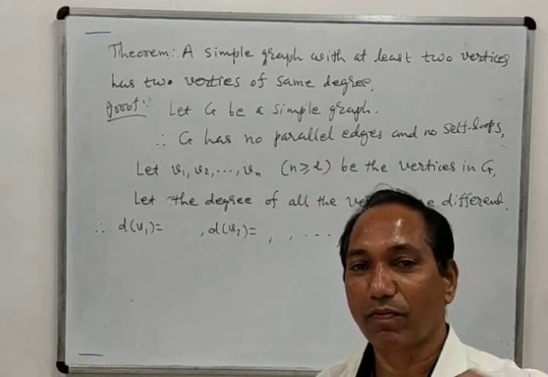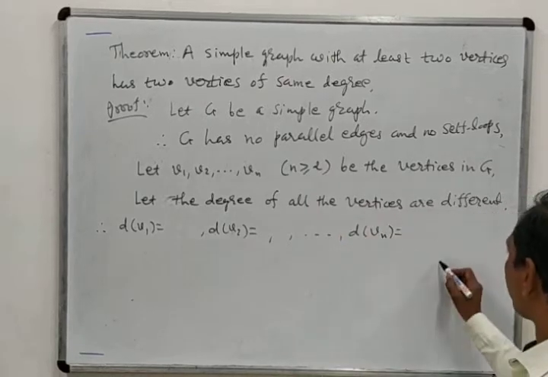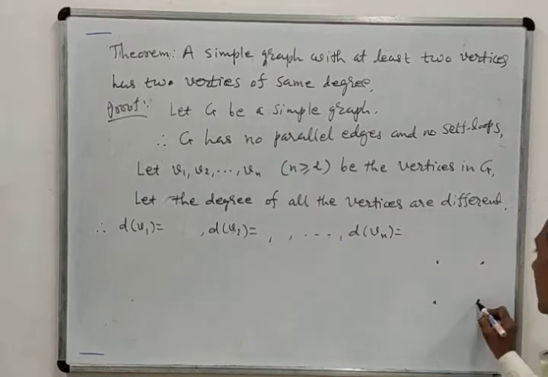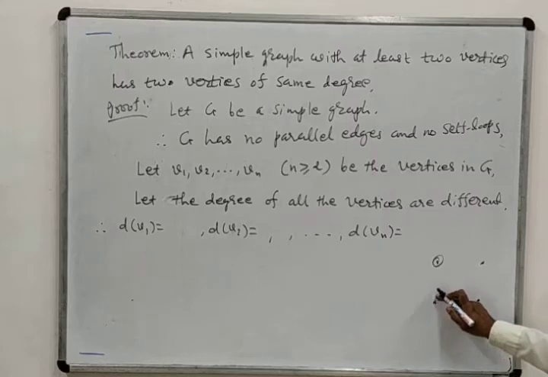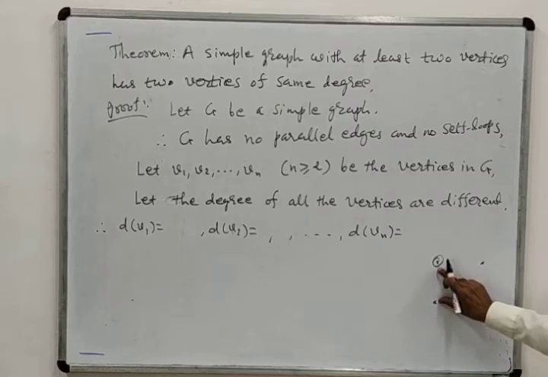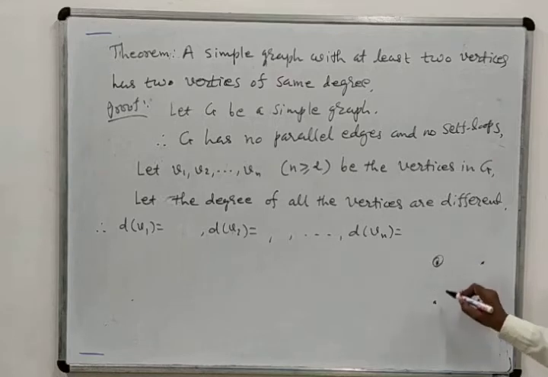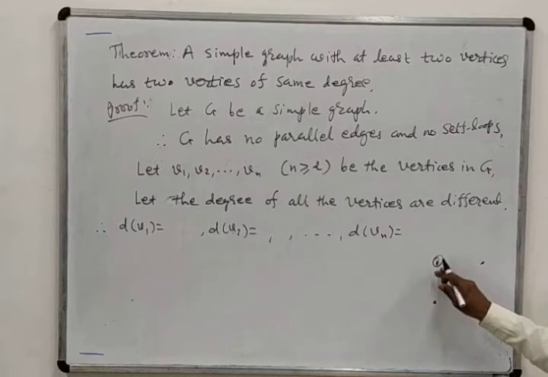If we fix one vertex, suppose there are 4 vertices. If we fix this vertex, then it is a simple graph. So between two vertices there is only a single edge. So this vertex can be joined by means of an edge maximum by 3 edges, because we don't know the exact degree of this vertex.